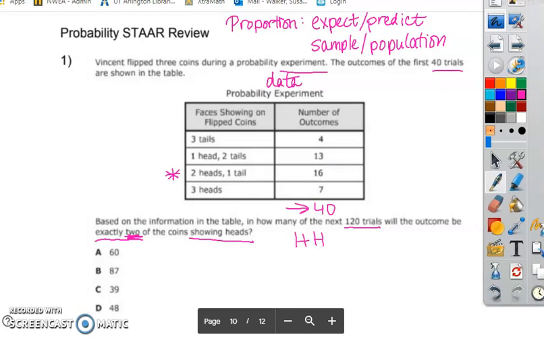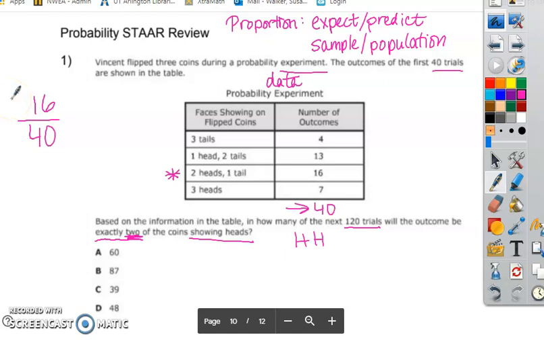Now, we know that we got heads how many times? We got it, heads, heads, we got it 16 times. 16 times out of 40. This, guys, is our experimental probability. So hopefully this part makes sense. This is what we're looking for out of this many times. That's a probability, specifically experimental probability.